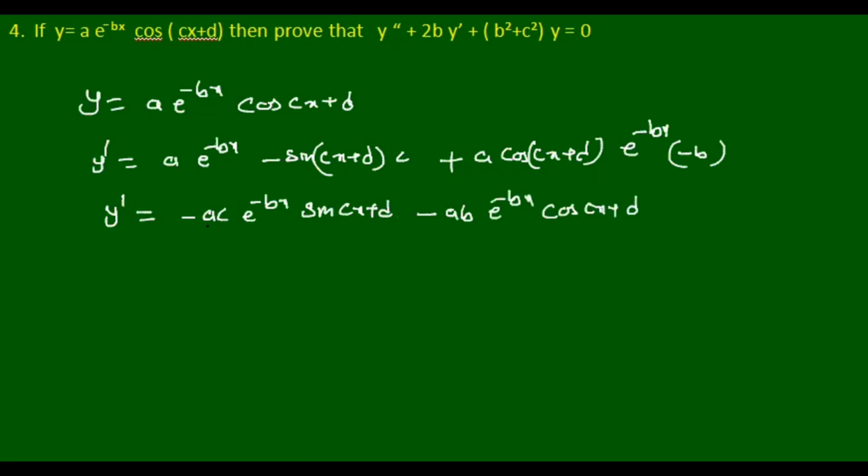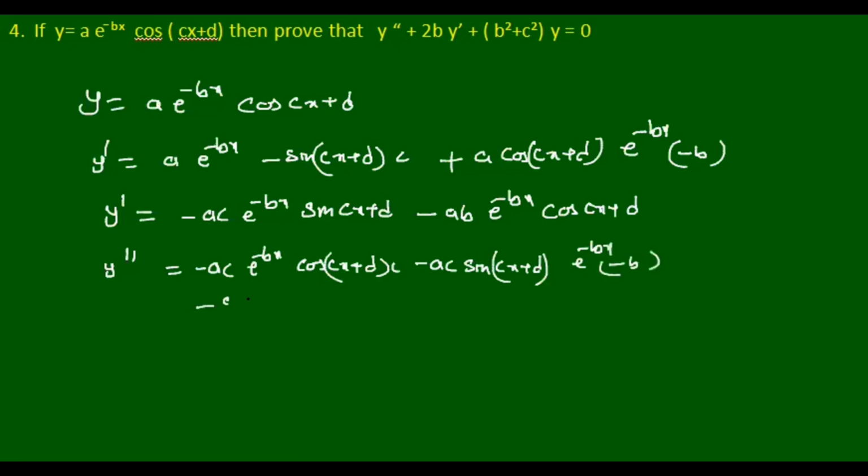Again, if you apply y double dash, what will we get? y double dash is minus ac e power minus bx sin of cx plus d is cos of cx plus d into c minus ac sin of cx plus d into e power minus bx derivative is e power minus bx into minus b minus ab e power minus bx cos derivative is minus sin cx plus d into c minus ab e power minus bx cos of cx plus d as it is, e power minus bx derivative is e power minus bx into minus b.